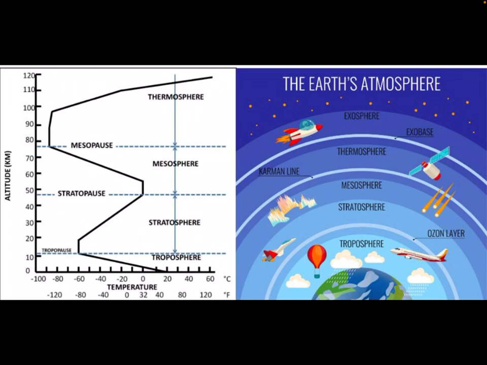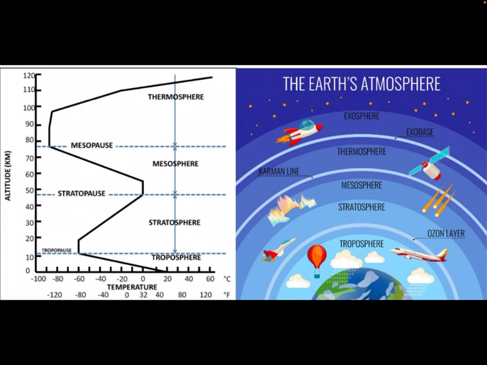With increasing height, there is the presence of ozone at the stratospheric level, and this ozone layer protects us from harmful UV radiation. Also the stratosphere is ideal for the traveling of aeroplanes because of its stable conditions and fewer barriers and obstructions. So that is the stratosphere.